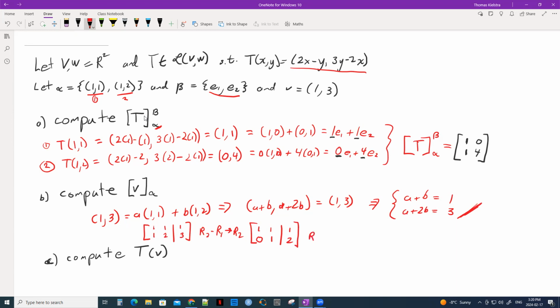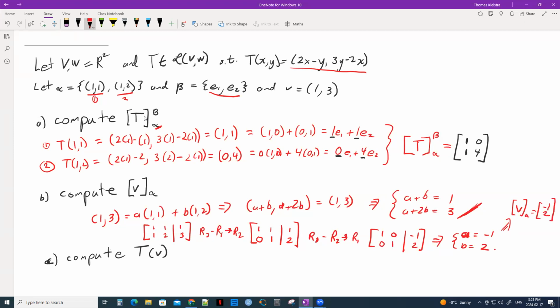Now row 1 minus row 2, replacing row 1, will give (1, 0 | -1) and (0, 1 | 2), which gives the equivalent system: A equals -1 and B equals 2. So V represented using alpha is equal to the vector (-1, 2).